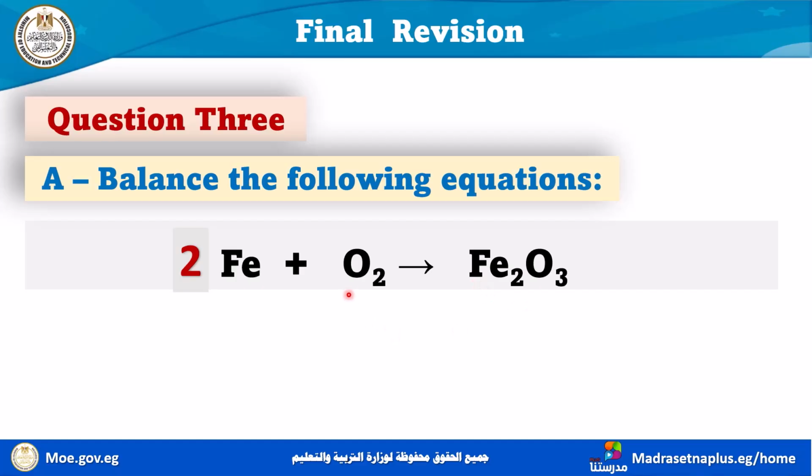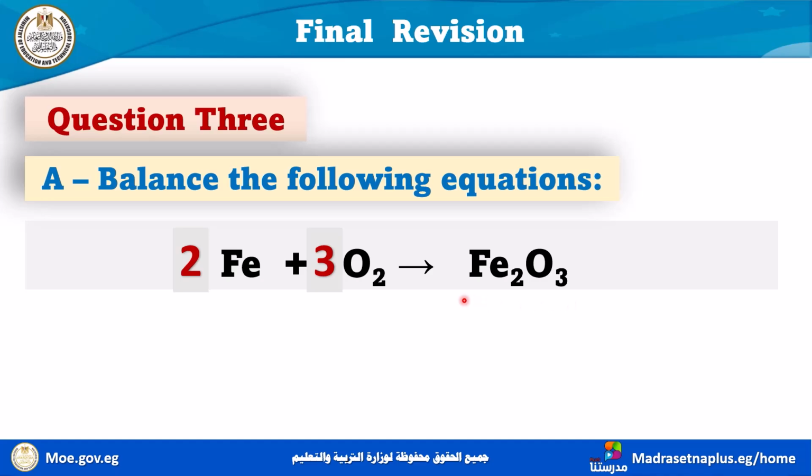Let's count oxygen. We have 2 oxygen atoms in the reactants, while we have 3 oxygen atoms in the product. So we must write 3 before oxygen in the reactants. Now the oxygen atoms in reactants are 3 times 2, so 6 oxygen atoms.